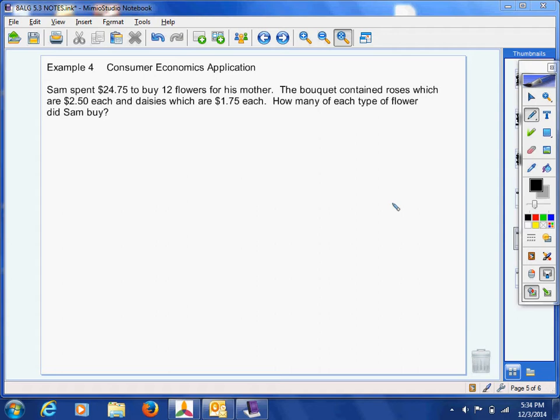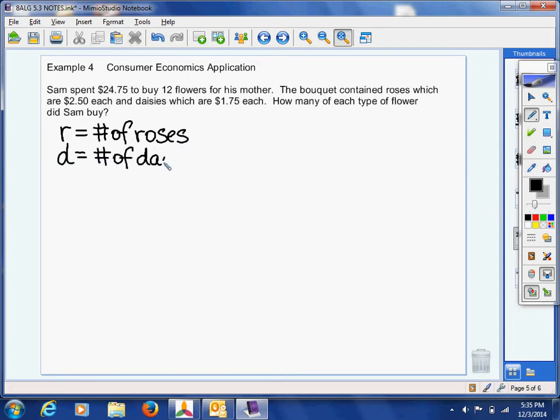This is really important that you establish what your variables mean, because we're actually tracking two different things, okay? I'm actually not going to use X and Y, just for simplicity. I'm going to use R for number of roses, and then I'm going to use D for number of daisies, okay?